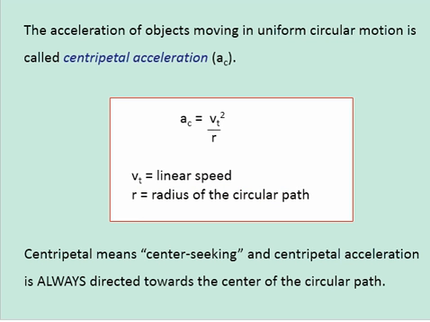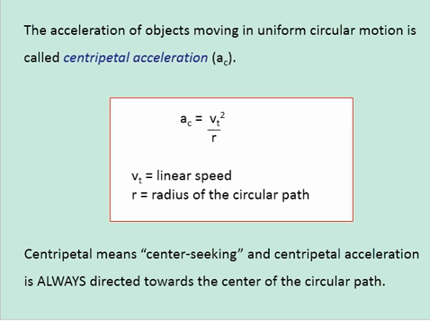So the acceleration of objects that are moving in uniform circular motion is called centripetal acceleration. It's still represented with the letter a, but in this case it has a small subscript of c just to indicate that it's a centripetal acceleration. Centripetal acceleration is found by squaring the linear speed, whatever you're given in meters per second for how fast the object is going, divided by the radius of the circular path.